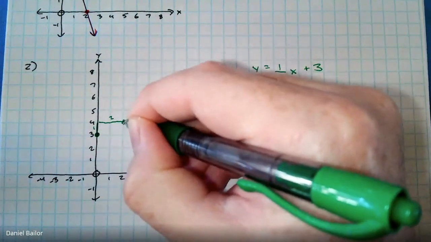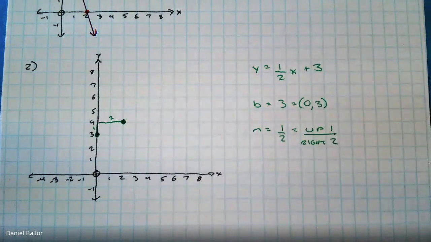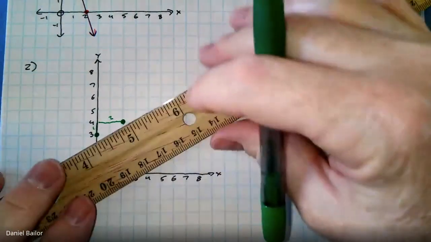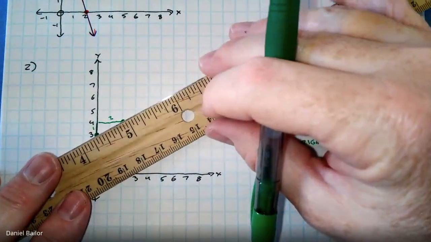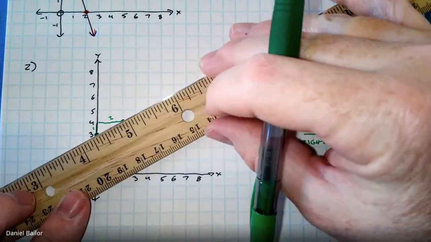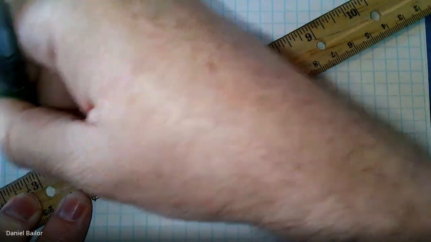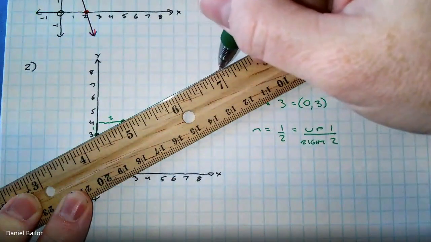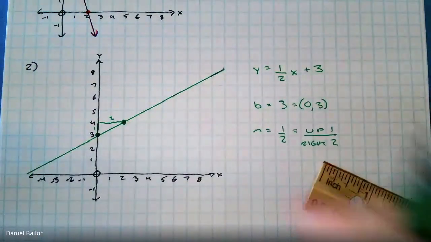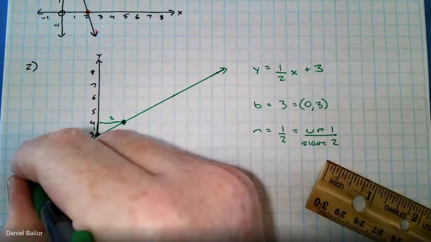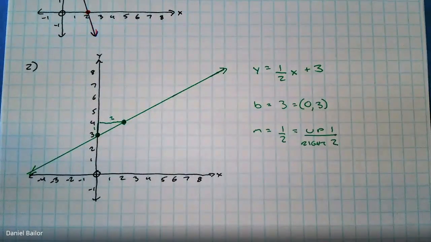So my next point goes right there. And to make my line, I connect my 2 points, right like that. There we go. That is my graph. Done. I did that first part of number 2.